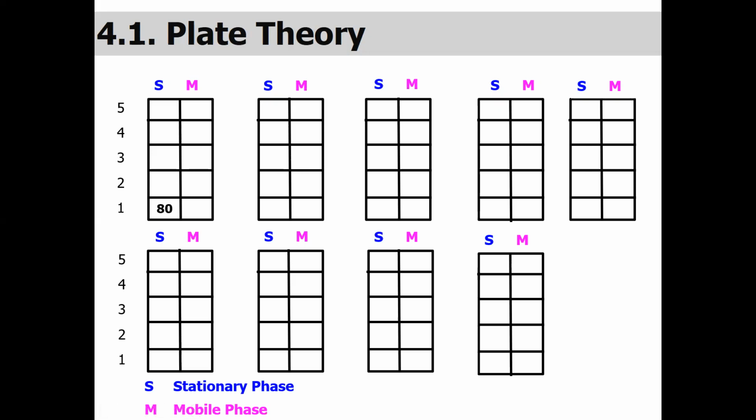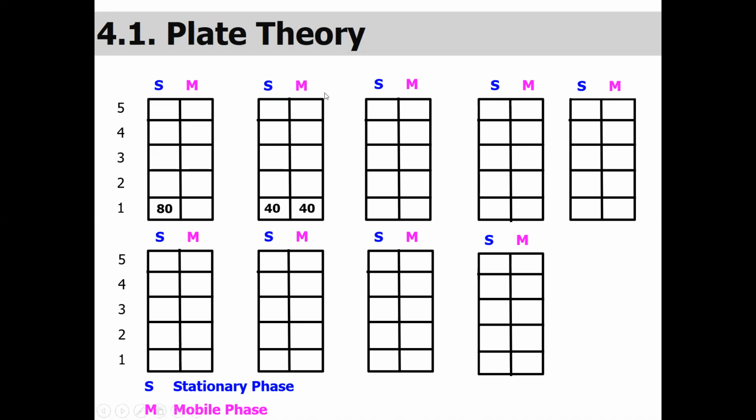If we are loading 80 gram of the sample on the stationary phase, and then we are eluting the sample by using the mobile phase, it will equilibrate all theoretical plates by dividing its total amount.